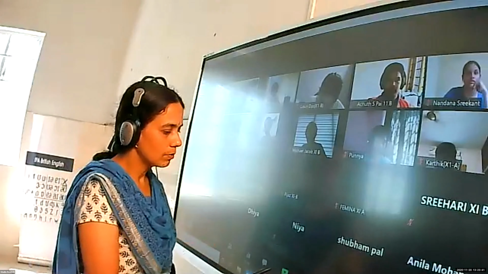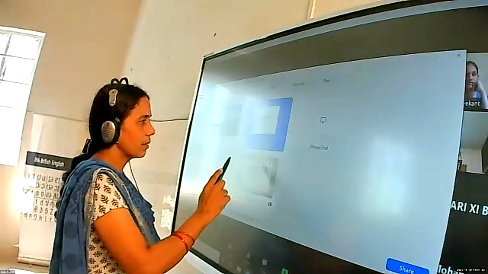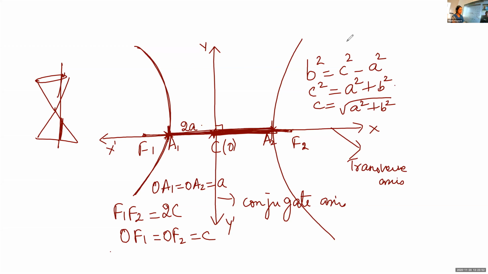So we define a quantity B where B square is equal to C square minus A square. Therefore, C is equal to root of A square plus B square. Now listen, children. 2B is called the length of the conjugate axis.